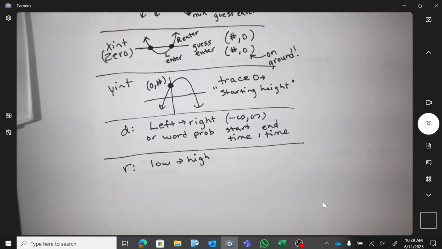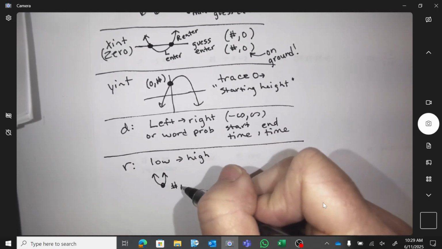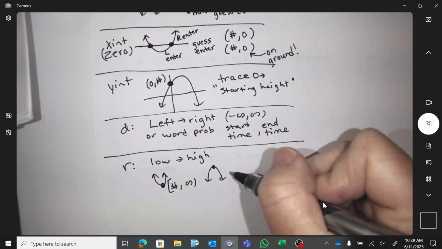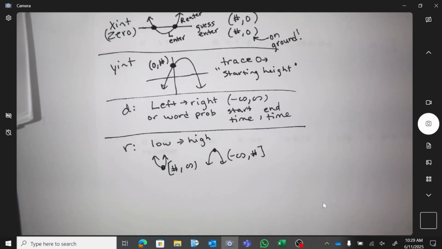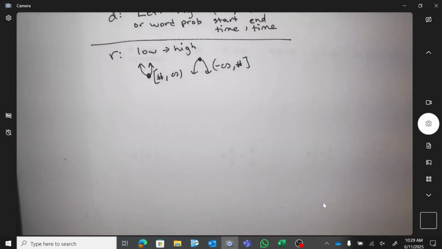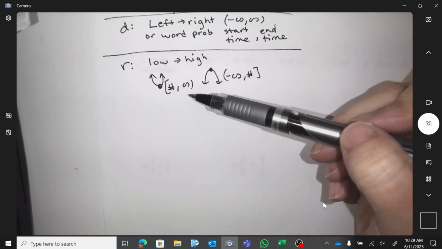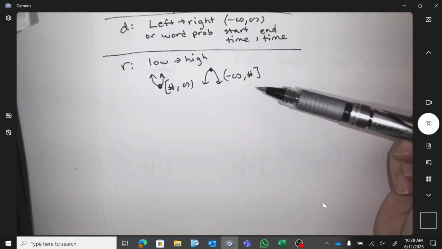Range is low to high. You have some options depending on the situation. Here we're at a low number and then we head up. Here we're going down forever and then reach a top.